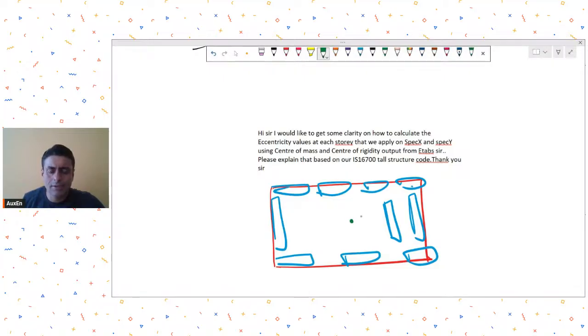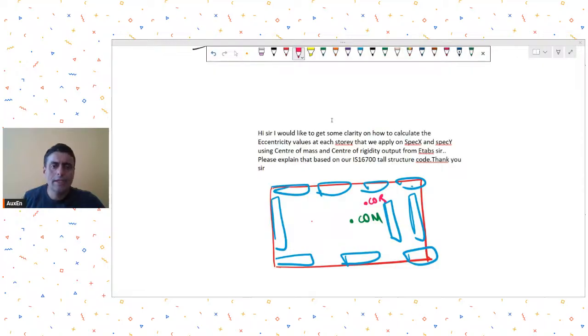Center of mass will be, if your load distribution is uniform, generally the geometric center. And then on the basis of rigidity of each element in a particular direction, you'll have to calculate the center of rigidity in both directions. Let's say your center of rigidity lies slightly over here.